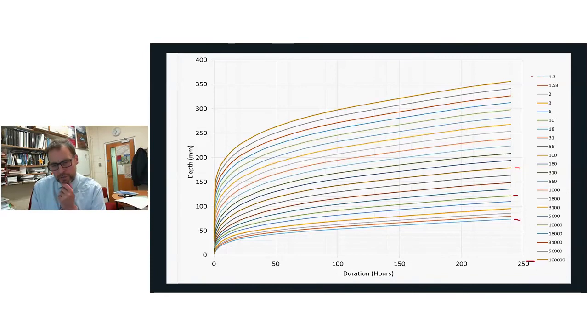The basic point I want to make is the 1 in 100 event isn't 10 times higher in depth than the 1 in 10, and likewise the 1 in 10 is only about double the 1 in 1.3. So quite substantial increases in the return period considered don't result in substantial extra flows, is what I'm trying to say.